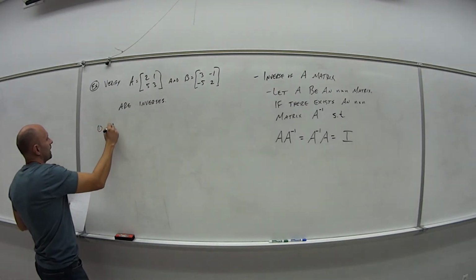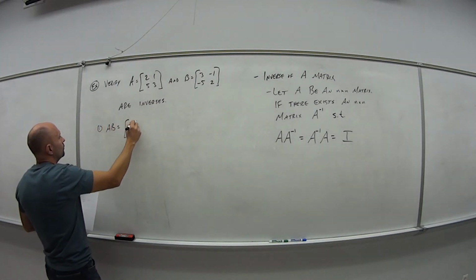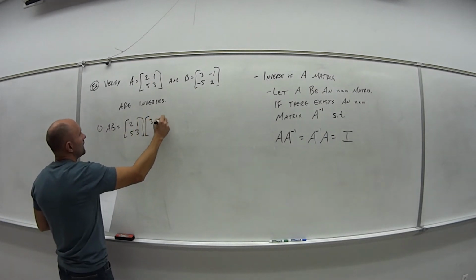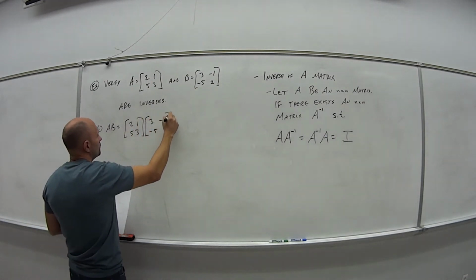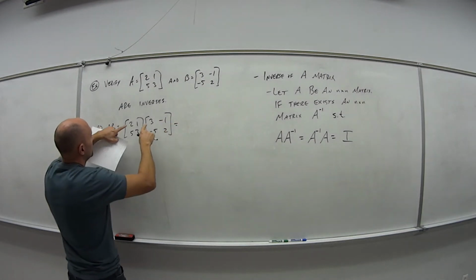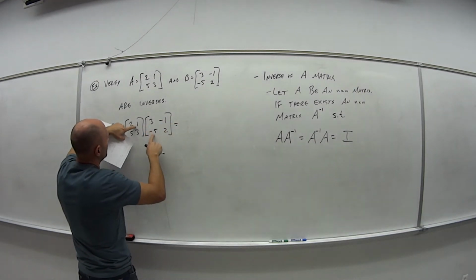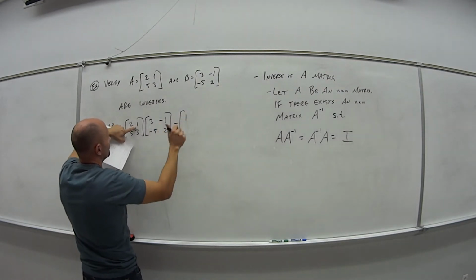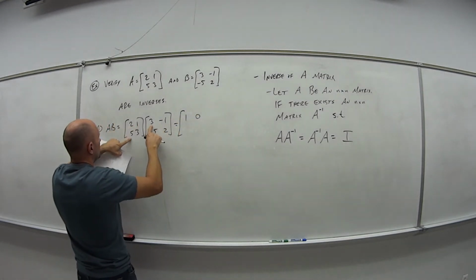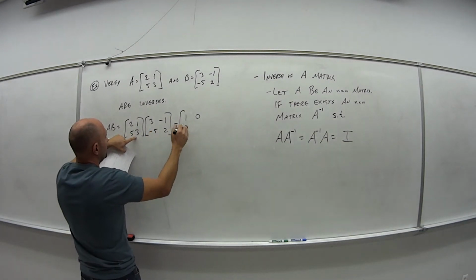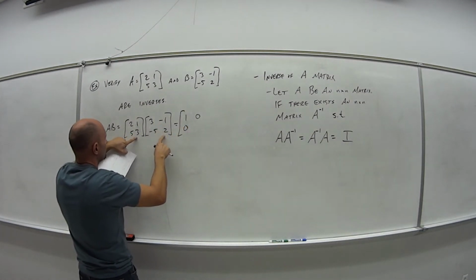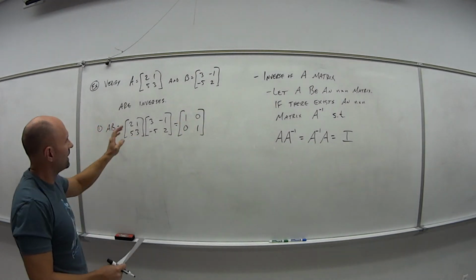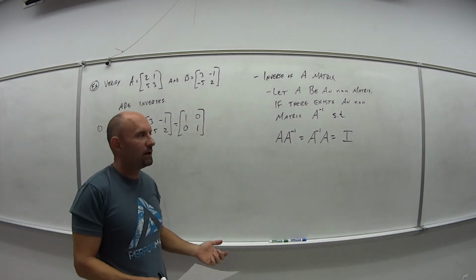If I do A times B, I get 2 times 3 is 6, minus 5 is 1. Negative 2 plus 2, 0. 15 minus 15, 0. Negative 5 plus 6, 1. So there we go. We multiply A times B, it gives us the identity matrix.